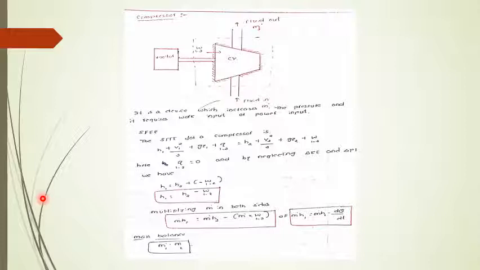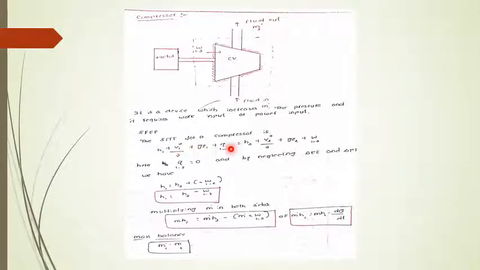Let us consider the general steady flow energy equation, and we will see what changes we need to make in this equation to apply it to a compressor. A compressor consists of a motor coupled to the compressor chamber, and air or fluid enters here and exits here. The air or fluid which enters will be compressed and sent out from the compressor, and for that we need to supply work to compress the fluid.